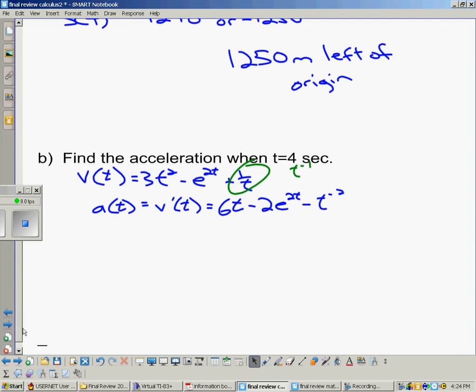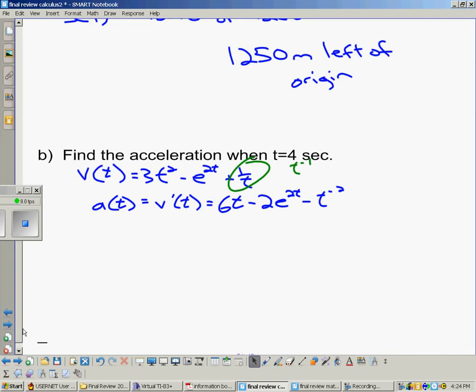Okay, plug it in. We want to find a at 4. So that's going to be 6 times 4 minus 2 times e to the power of 2 times 4, or e to the 8, minus 4 to the negative 2, or 1 over 4 squared.